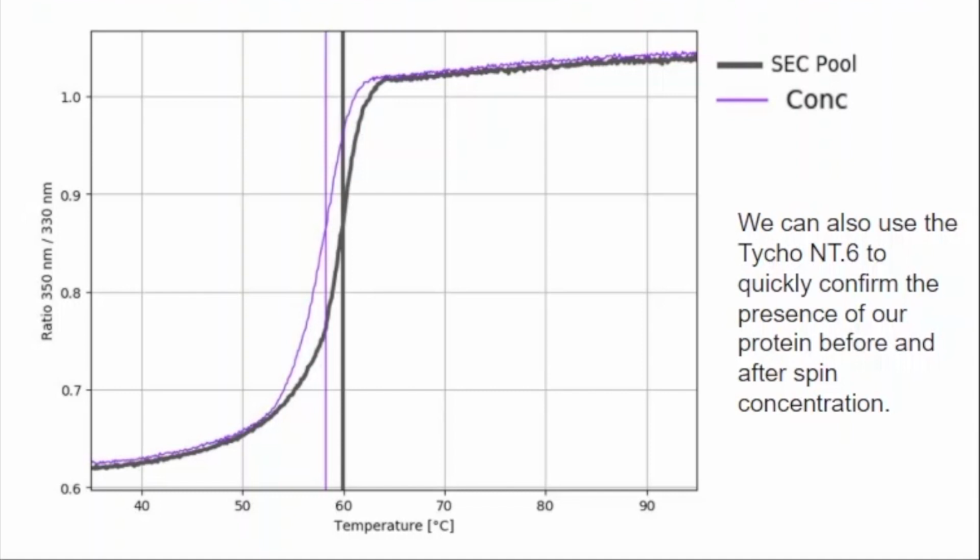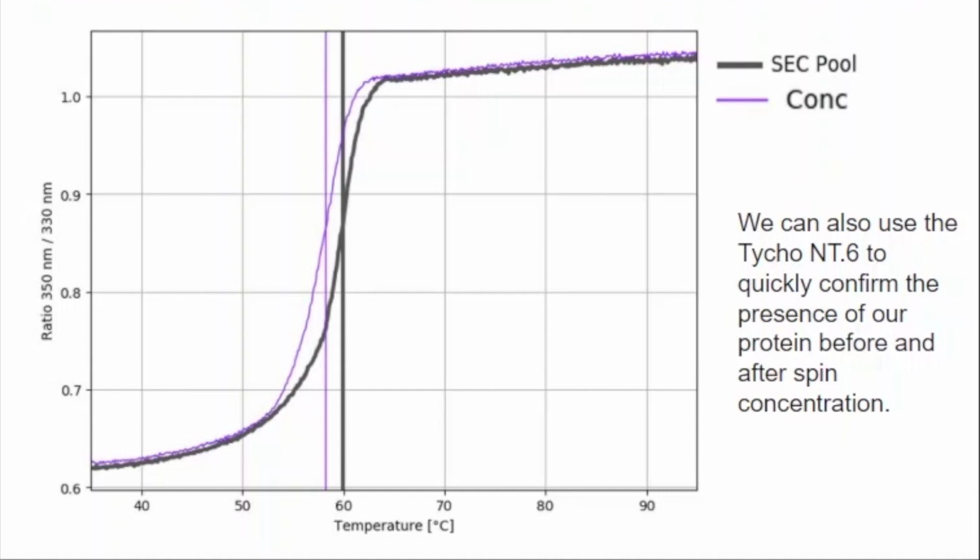And so the black line is the pool of fractions from before concentration, and the blue line is the concentrated protein. So we can see that the stability of the protein has slightly decreased, maybe 1 or 2 degrees, perhaps due to effects caused by the protein being more concentrated.